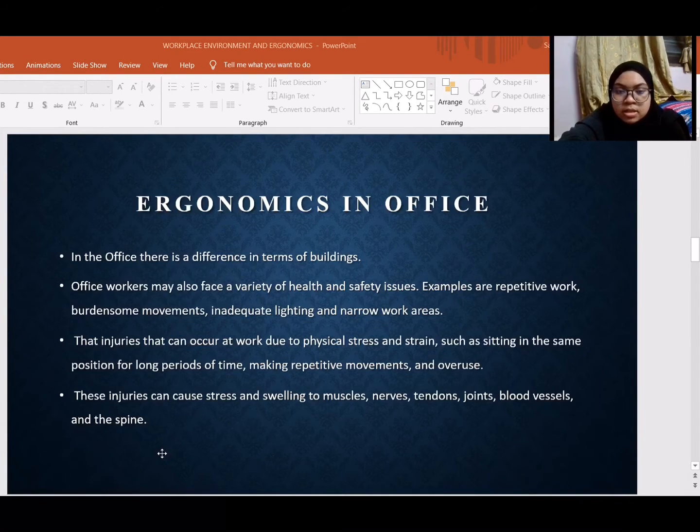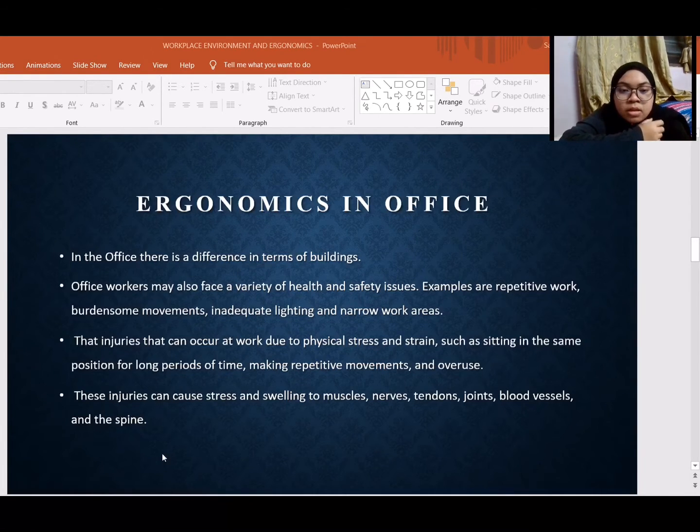Ergonomics in office. The first is, in the office, there is a difference in terms of building. Second, office workers may also face a variety of health and safety issues, for example, repetitive work, burdensome movement, inadequate lighting and narrow work area.